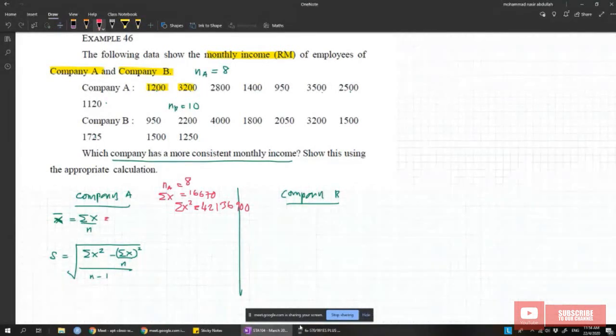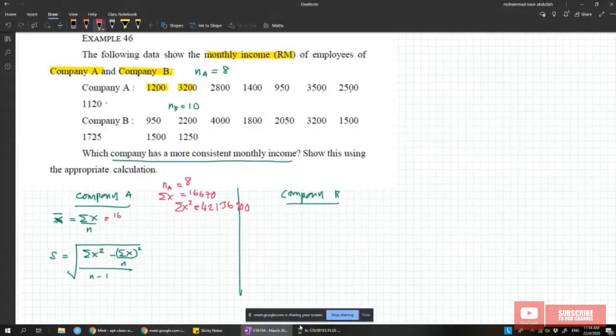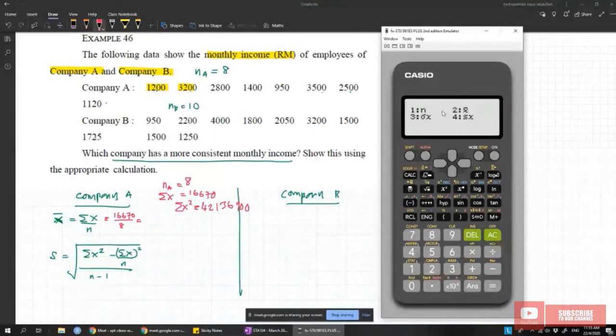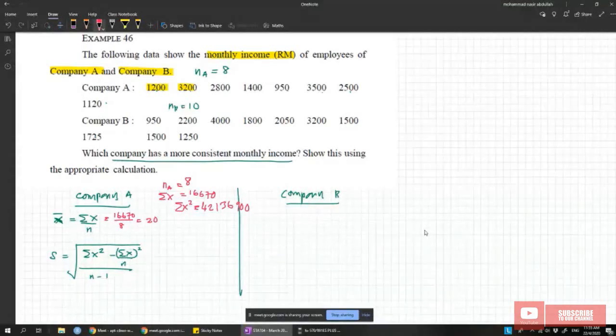Now we just need to input the values in the formula: 16670 divided by 8. So the value should be equal to, press shift 1, 5, shift 1, 4, choose number 2 x bar, right? So this one is 2083.75, right?